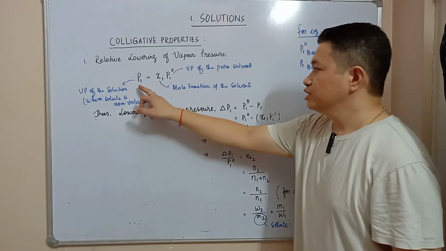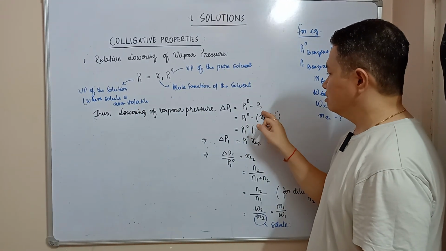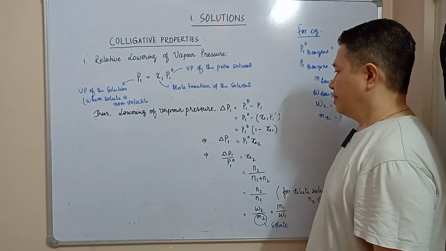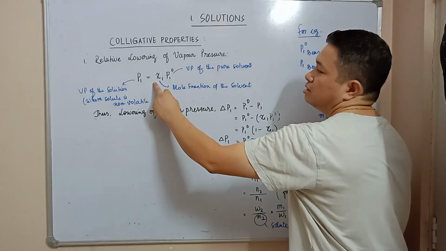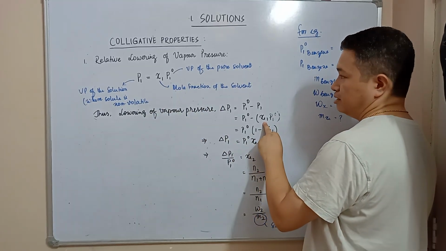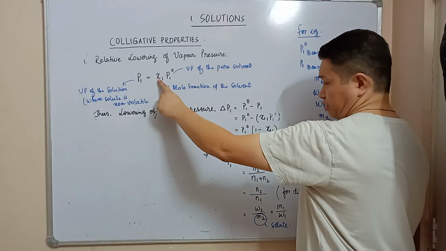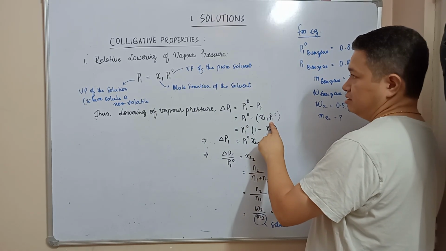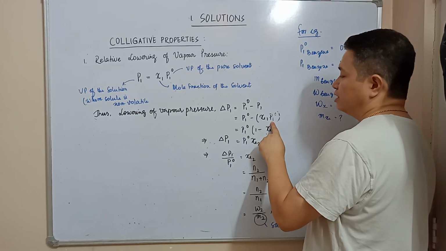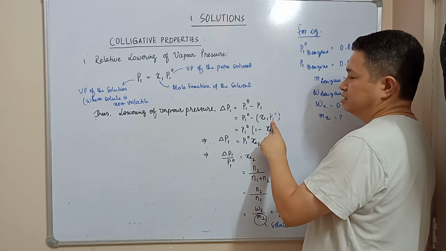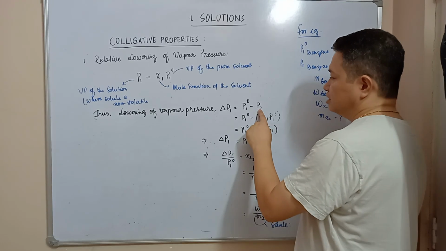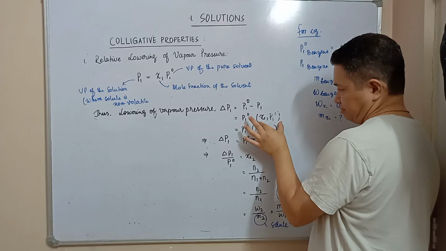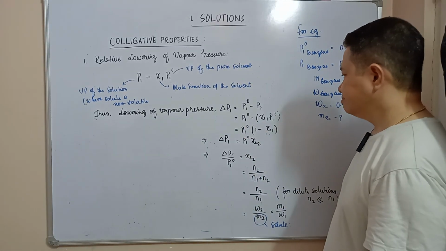Now, according to this equation, P1, that is the vapor pressure of the solution, will be equal to the product of the mole fraction of the solvent and the vapor pressure of the solvent in its pure state. Just simply replacing this P1 by the right portion over here. Fine.